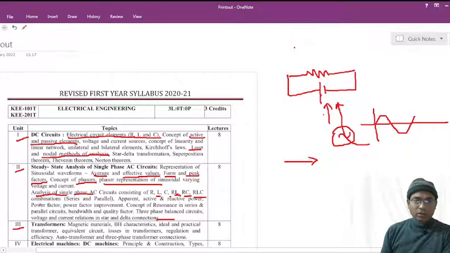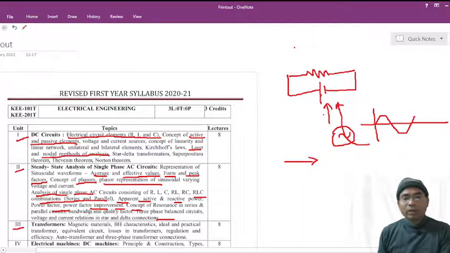So the second part deals with analysis, in which you will calculate the power, current, power factor, and so on, when an alternating source is applied across a combination of RLC.